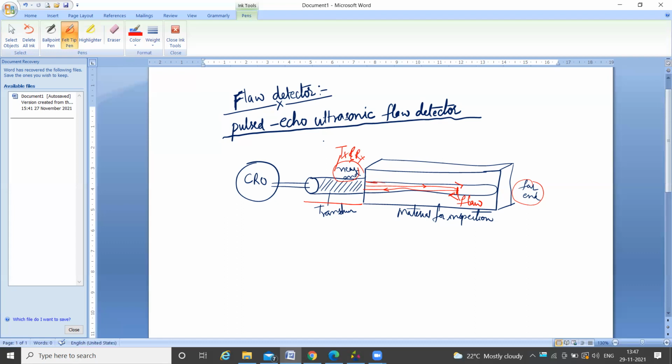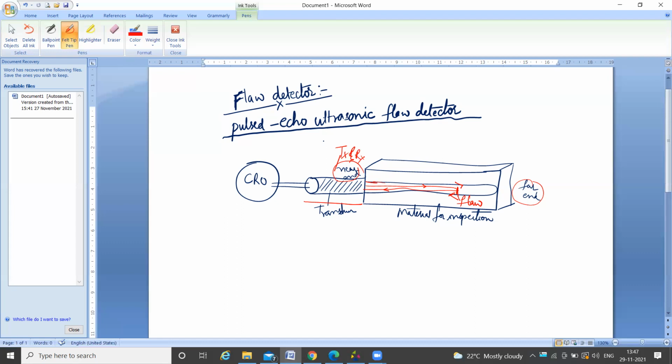The material should be attached to the transducer, which generates ultrasonic waves, and these waves travel from the near end to the far end. In between, if there is an echo signal, then the ultrasonic wave is returned back in less time, not reaching the far end of the material under inspection.